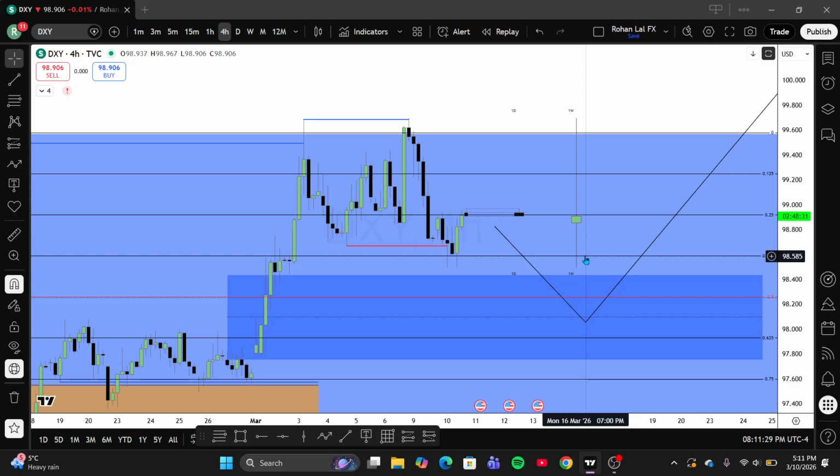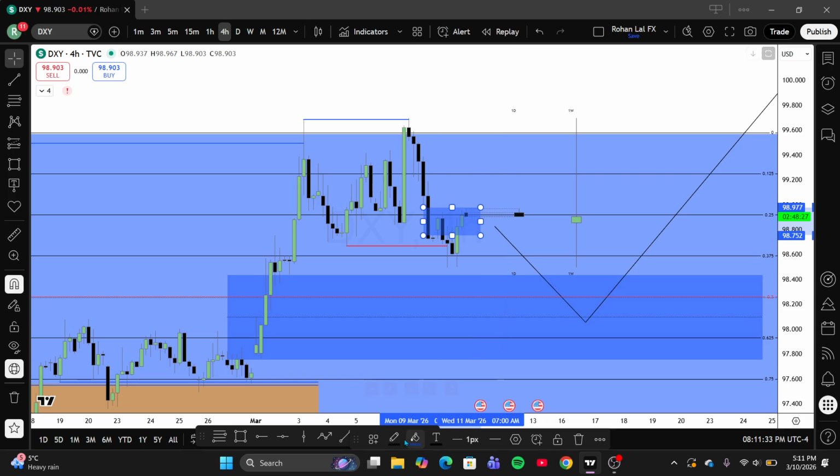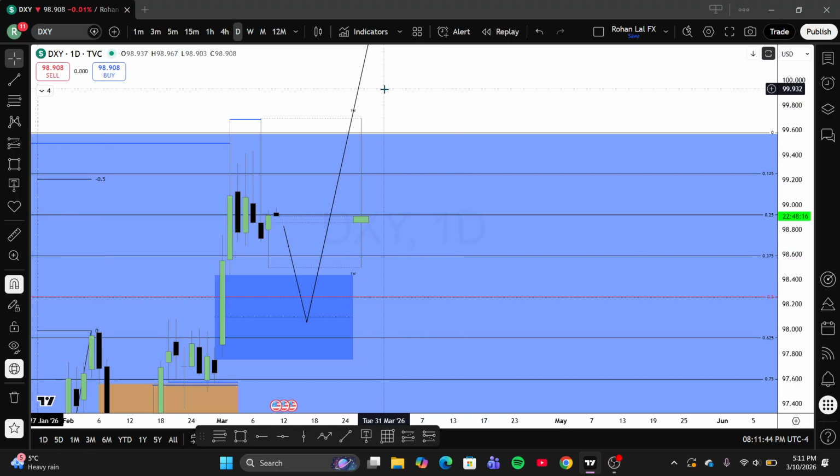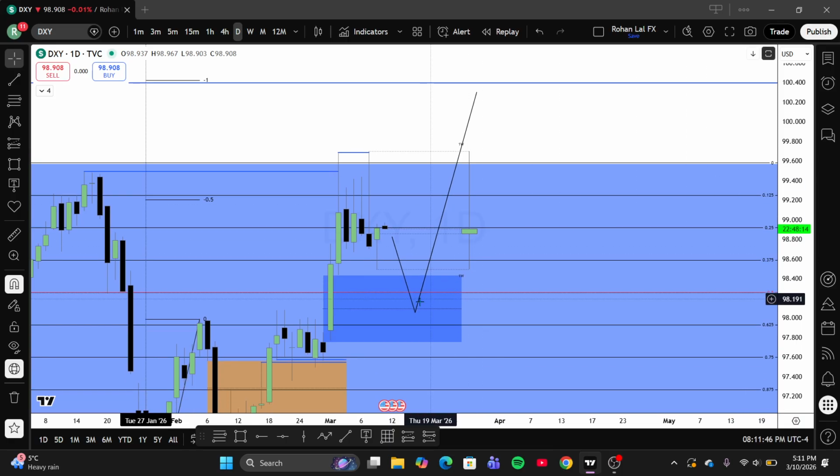I'm anticipating now this H4 inefficiency to act as a level of resistance to then see price drop lower into the daily inefficiency.